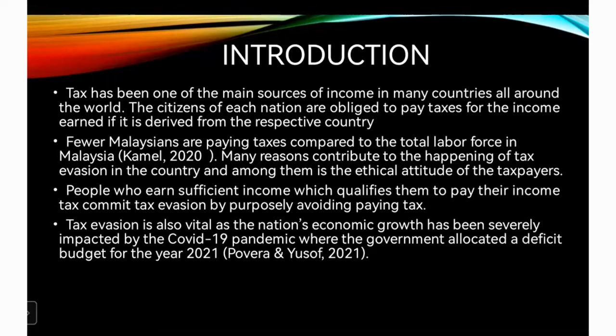People who earn a sufficient amount of income would qualify to pay their income tax, but commit tax evasion by purposely avoiding paying tax. Tax evasion also affects economic growth in the country. Basically every country has tax evasion. So tax evasion should be reduced so that the economy can grow at a faster pace. So that is my introduction.